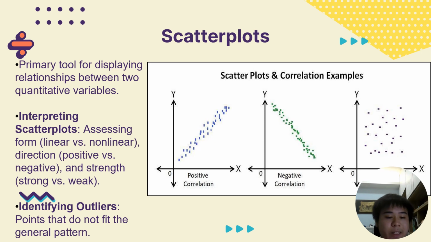Now, identifying outliers: you can also identify outliers from a scatter plot. For example, one dot that lies far beyond the pattern of the relationship is considered an outlier. Now, interpreting the intercept. For example, if a equals 50, it suggests that if a student does not study at all, that's 0 hours of study, the predicted test score will be 50, since this is a baseline test score without any studying.